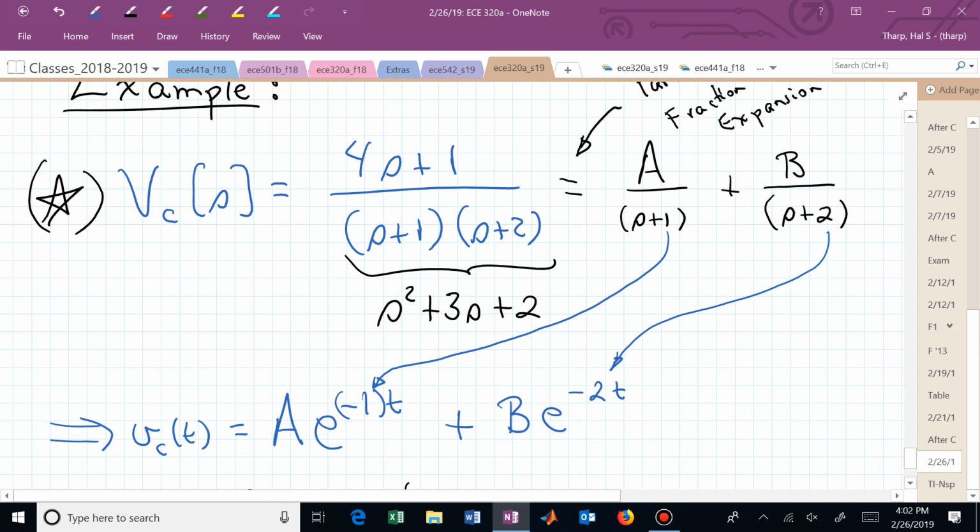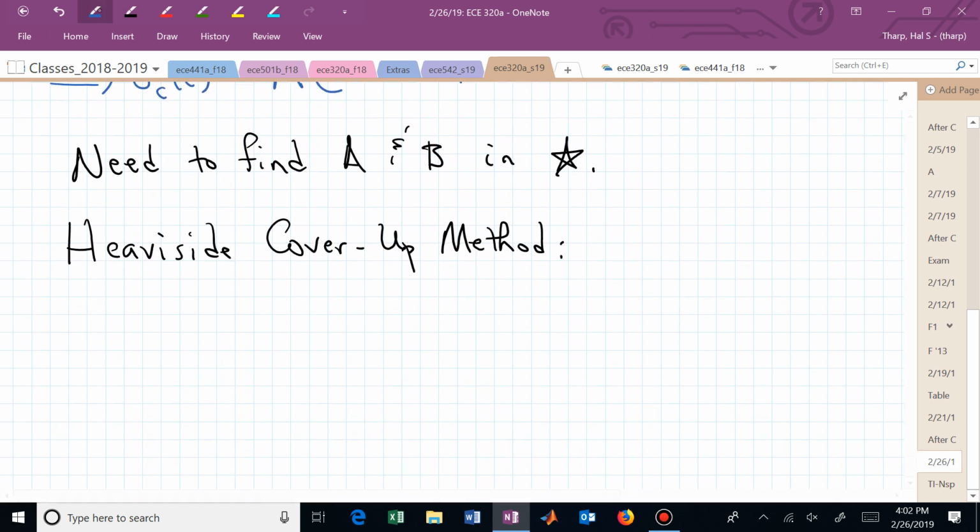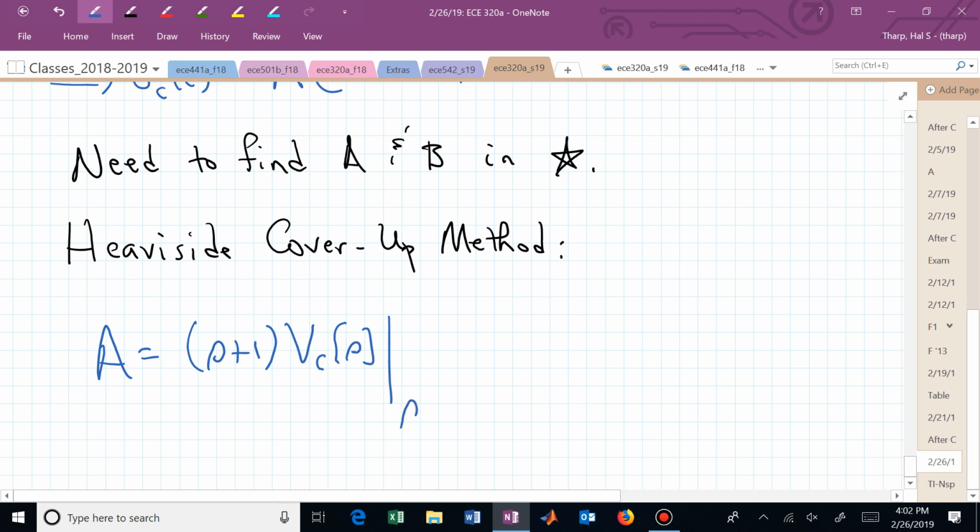I multiply everything in this expression by s plus 1 and then let s equal to minus 1. Or a now becomes a is equal to s plus 1 times V sub c of s. That's really what I'm doing, evaluated at the value of s that causes that s plus 1 to vanish.